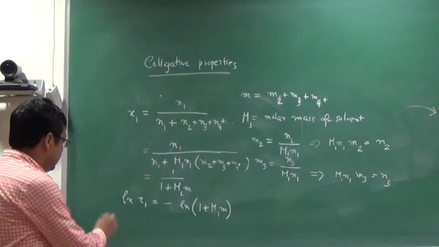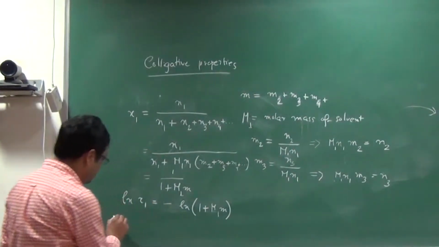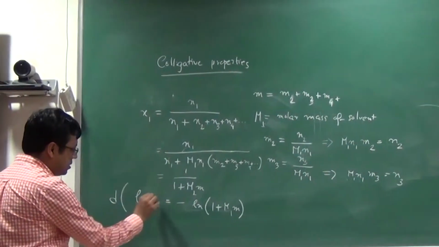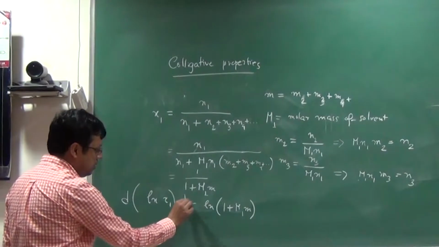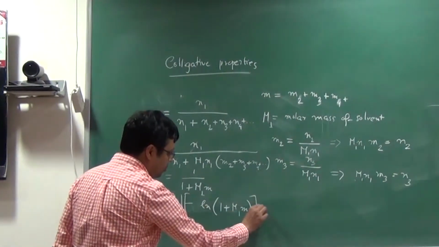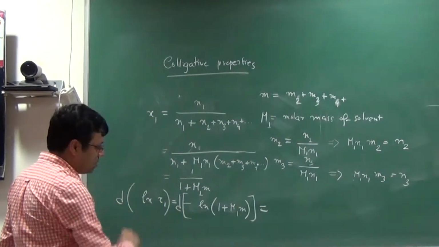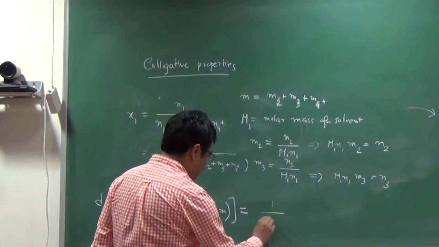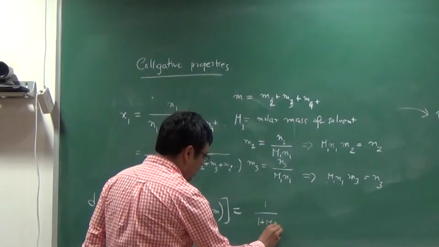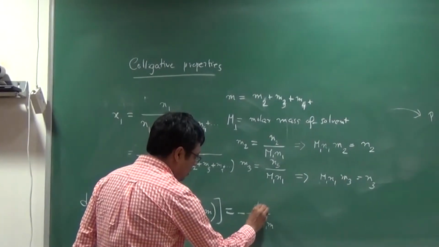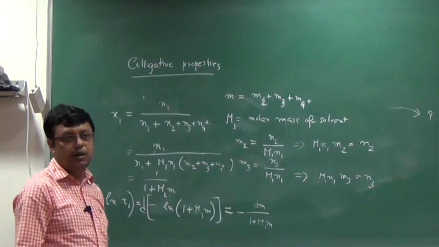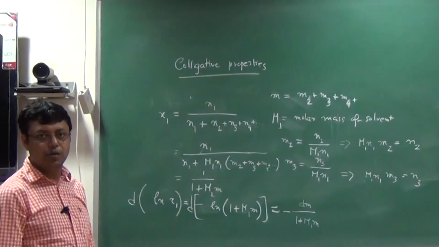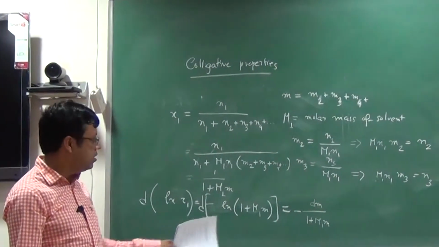So the derivative of this quantity, let me just write it. d of these things is basically d of this thing, which is nothing but, there is a minus sign, so I'll have 1 over 1 plus m1 m, dm. It's a differential, not a derivative. Clear? Now I'll just write it there.